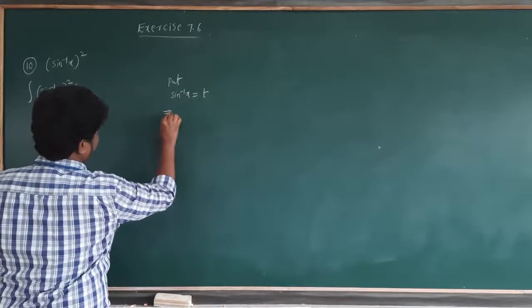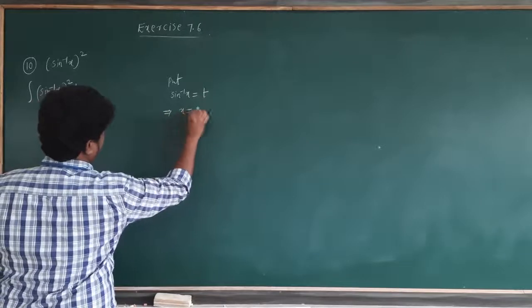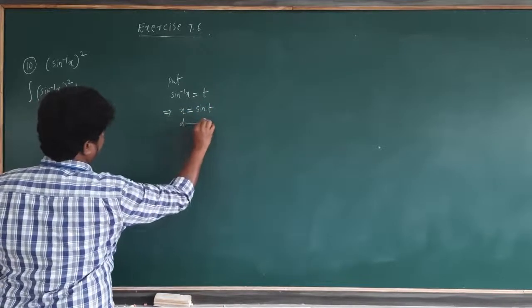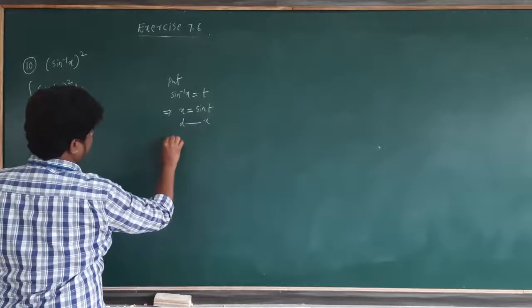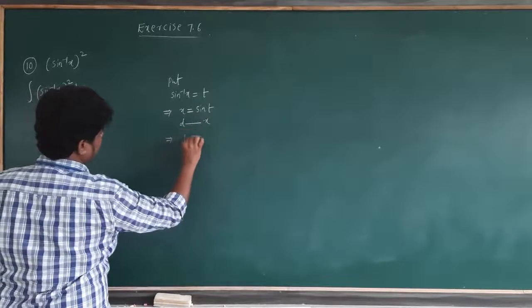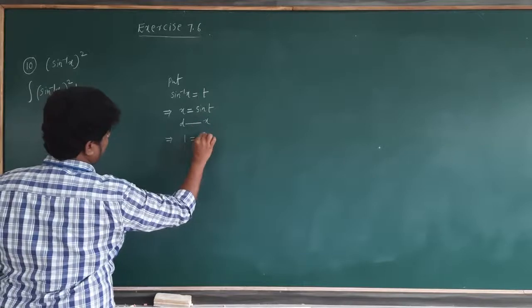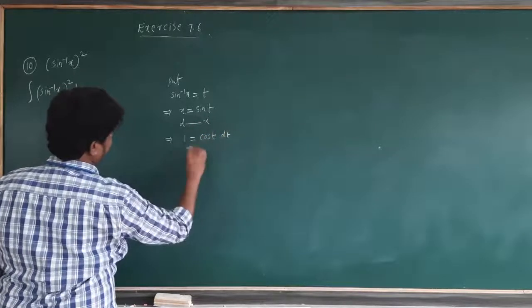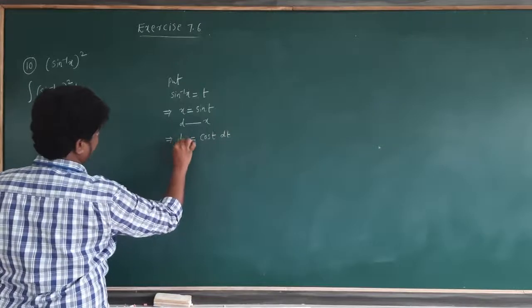From this what can we write? x is equal to sin t. Differentiate both sides with respect to x. The derivative of x is 1. The derivative of sin t is what? cos t into dt by dx. I am taking dx here.